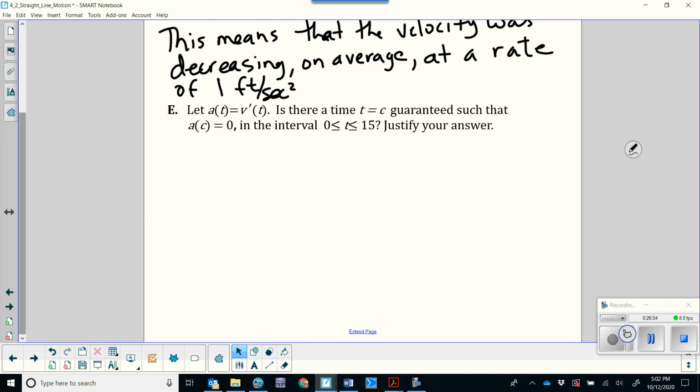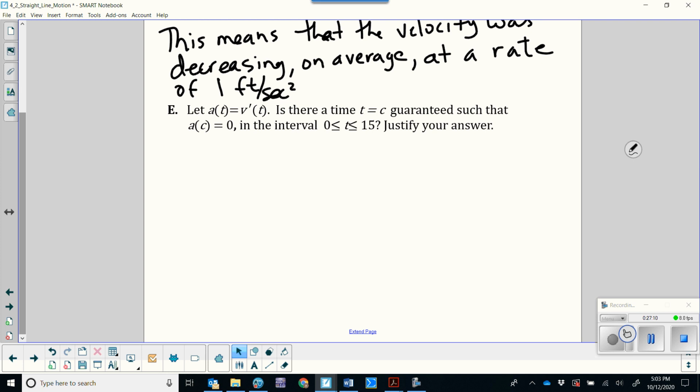Well, they're saying, is there a time that you would have the rate of change of velocity equals 0?